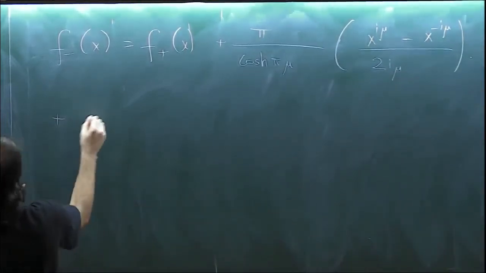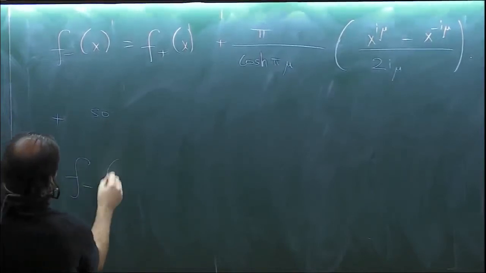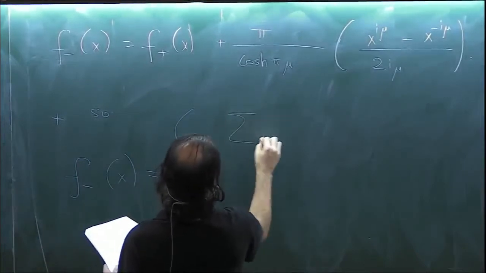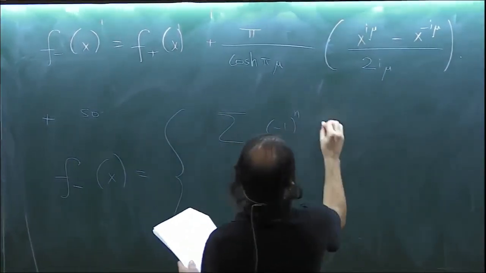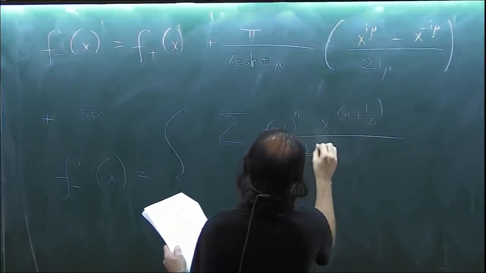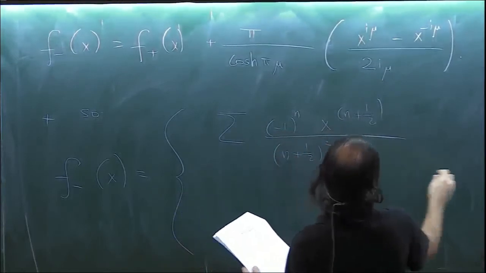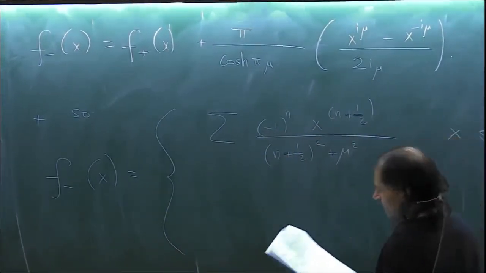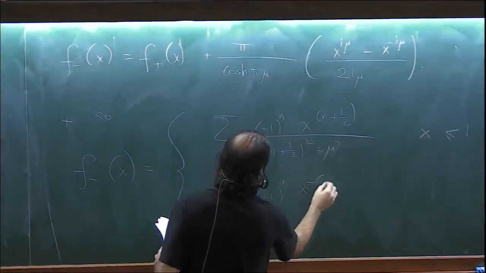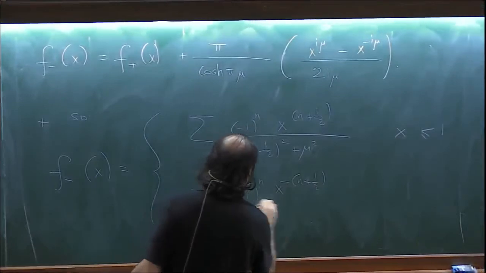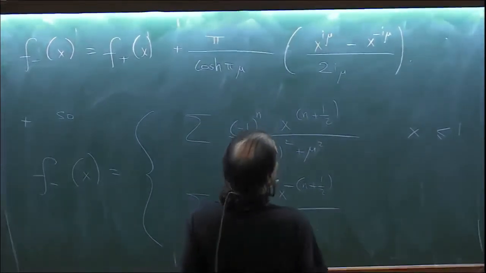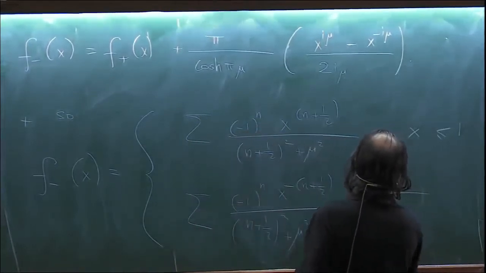And hence, we have a formula for f minus of x equals the sum of minus 1 to the n, x to the n plus a half, over n plus a half squared plus mu squared, which is valid when x is less than or equal to 1, but a sum of minus 1 to the n, x to the minus n plus a half, over n plus a half squared plus mu squared, plus pi over cosh pi mu.